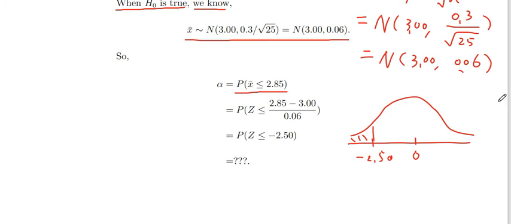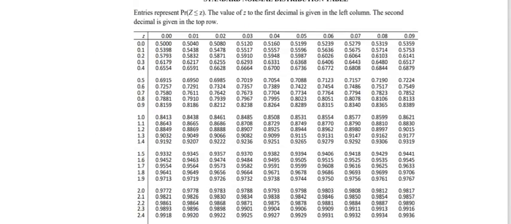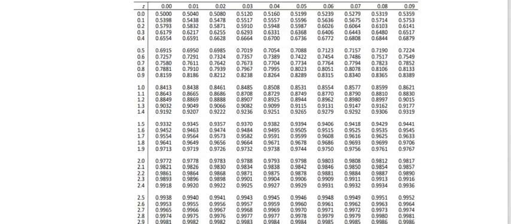Let's check the z table. Let's look up 2.50. The positive 2.50 value is 0.9938.